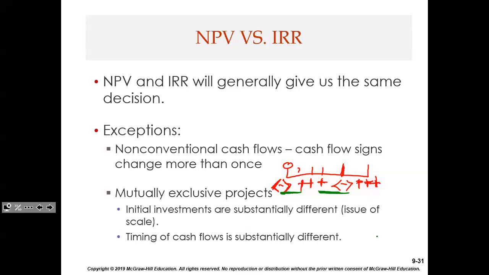So it doesn't matter what we do, we have enough to be able to handle each of them independently based on their own merits, right? With mutually exclusive projects, our resources are limited to the point that we can only take one or the other. We can't do them both, okay?